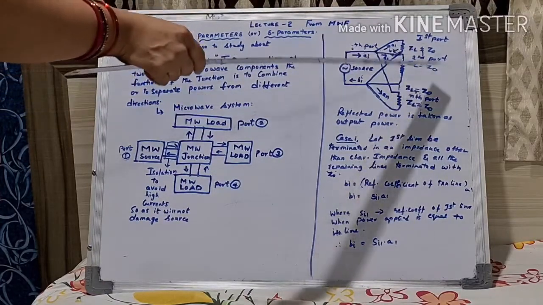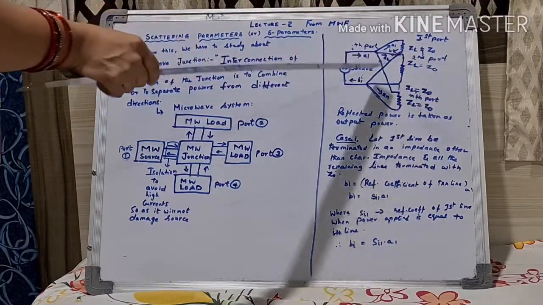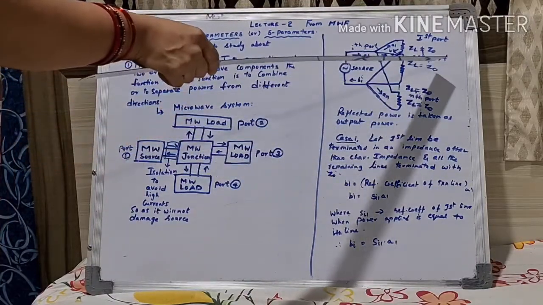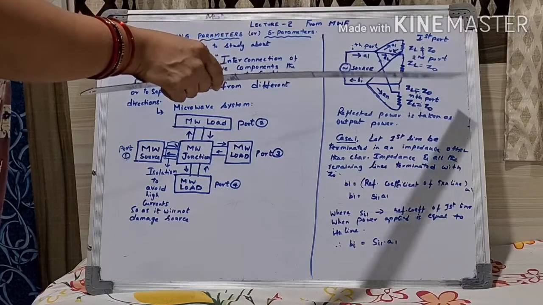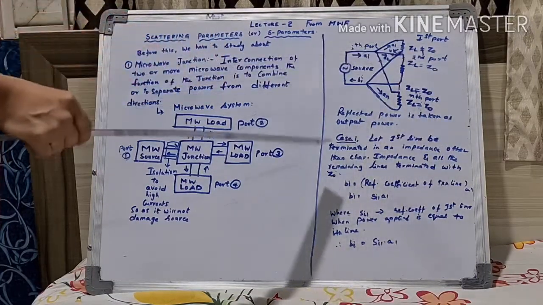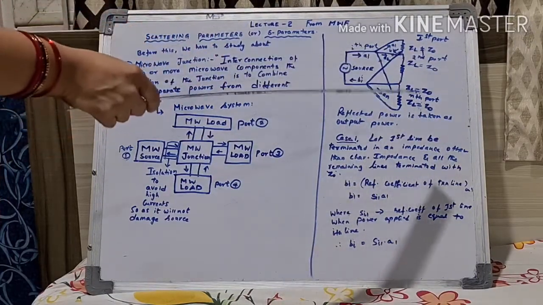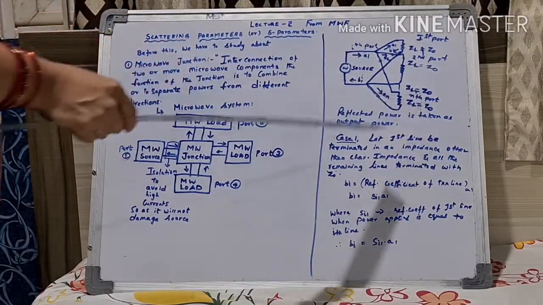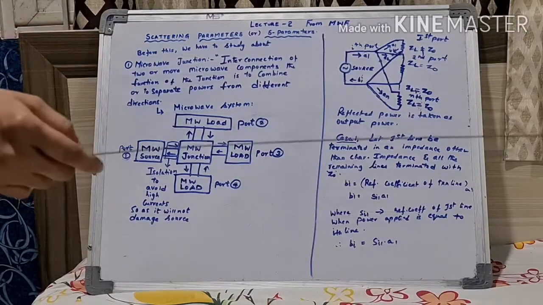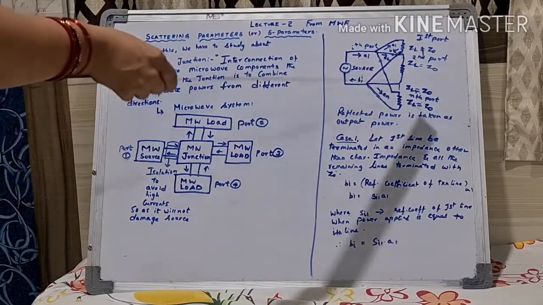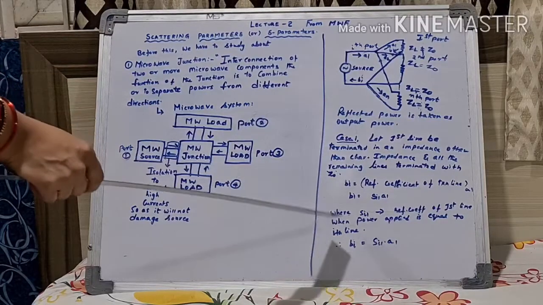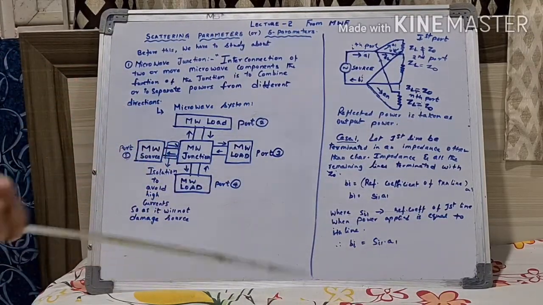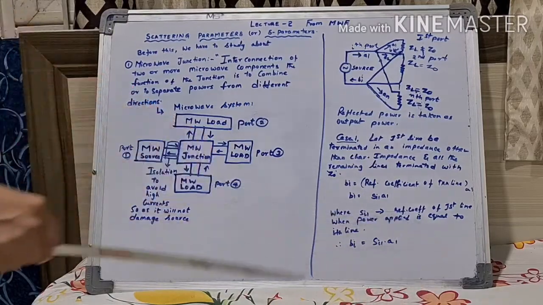That is, B2, B3, B4 and so on up to Bn equal 0. So B1 equals S11 into A1.